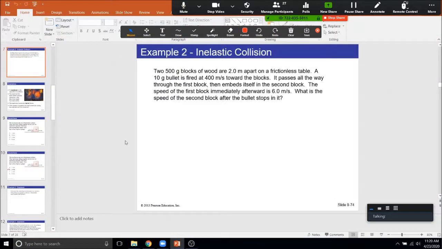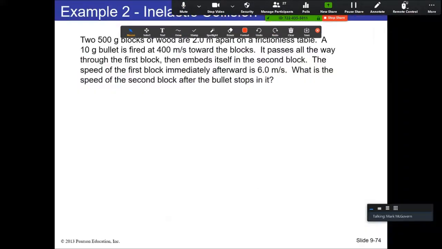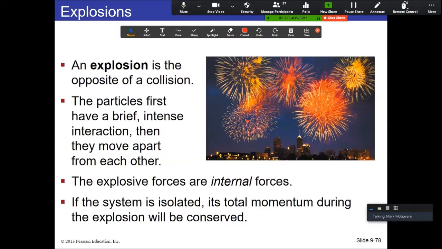Okay. All right. Now, sort of the opposite of an inelastic collision would be an explosion. And so, this may look different, something exploding, falling, and coming apart, but from a physical standpoint, it's identical to an inelastic collision.